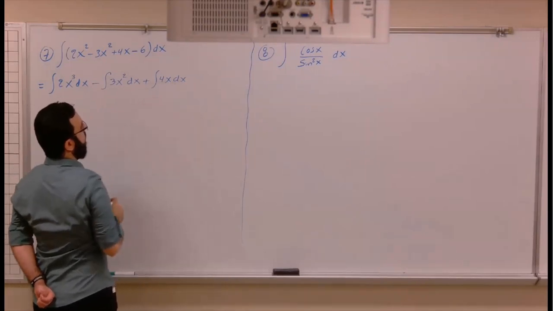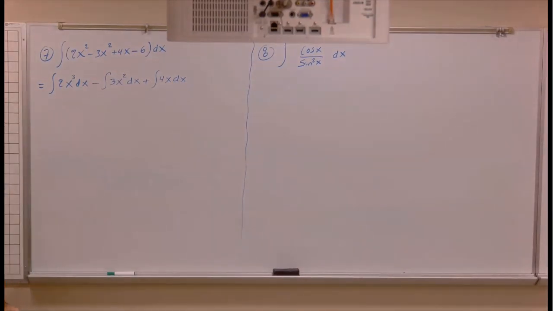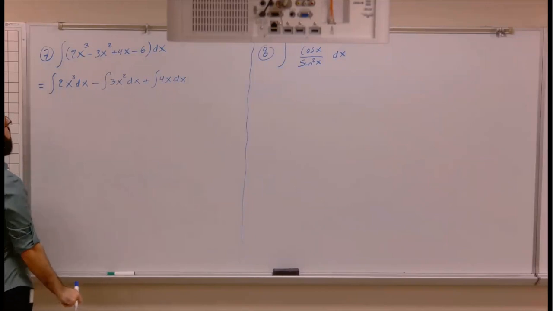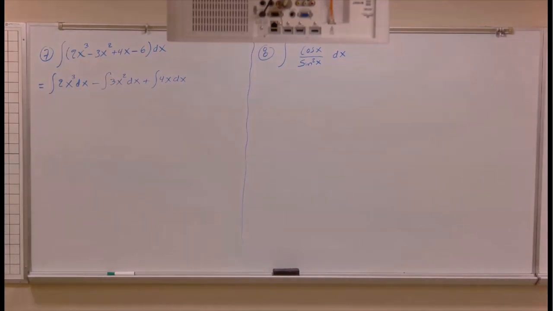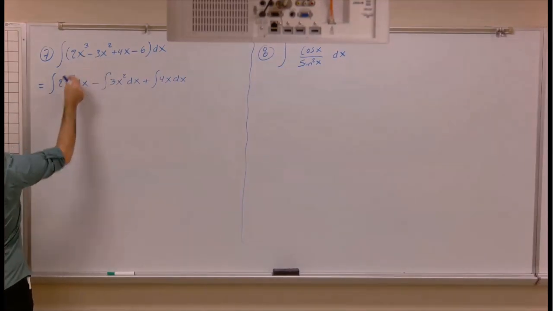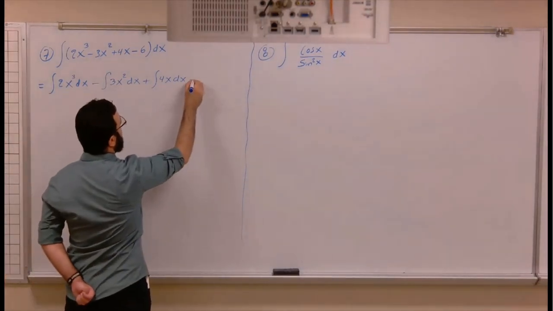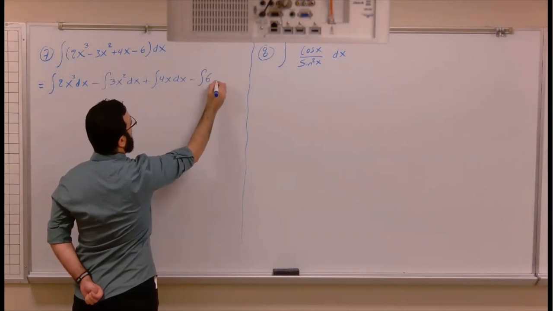So Professor, in the beginning you wrote 2x to the power of 2, instead it's... I think it's a cubed. Yeah, it's a cubed. Because if it's not a cubed, we can combine these together. And then it's minus the integral of 6 dx.